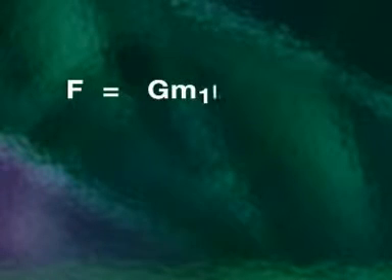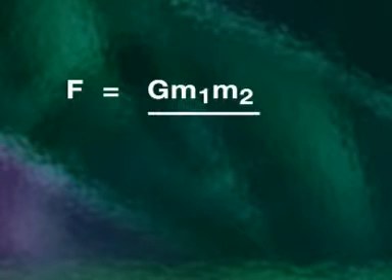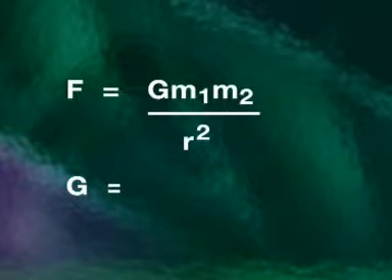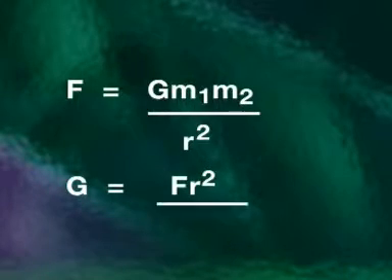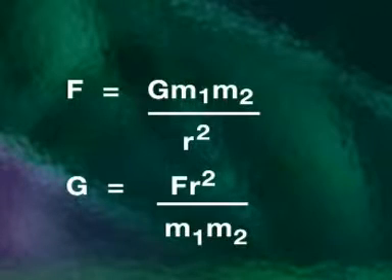Now consider the equation F equals G M1 M2 divided by R squared. In making G the subject of this equation, G would be equal to F R squared divided by M1 M2.